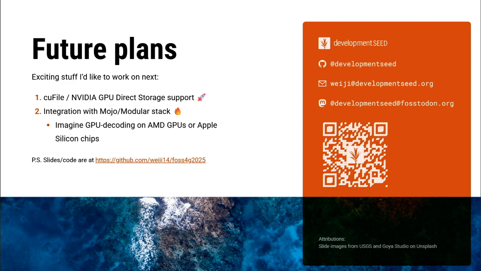Does anyone have any questions? Hello, thanks for the great talk. I'm curious, you've implemented a lot of things in Rust, and then you make Python bindings for the Rust code that you've written.